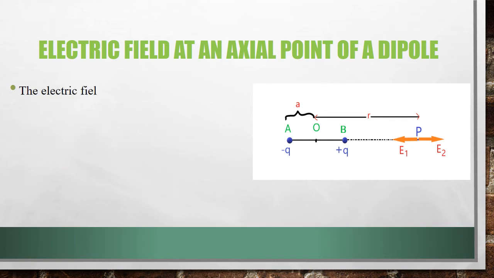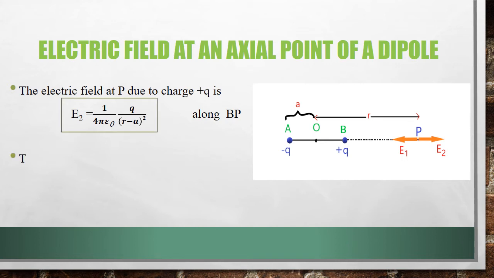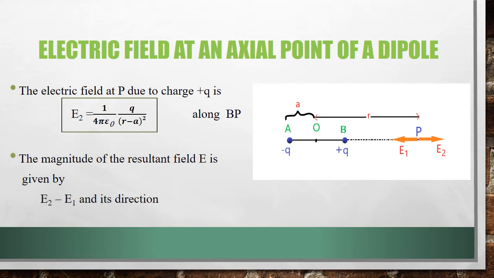Again, the electric field at P due to plus Q charge, E2, equals 1 by 4 pi epsilon 0 into Q divided by (r minus a) the whole squared. It is along BP. Therefore, the magnitude of the resultant field E is given by E2 minus E1, and its direction is along BP.